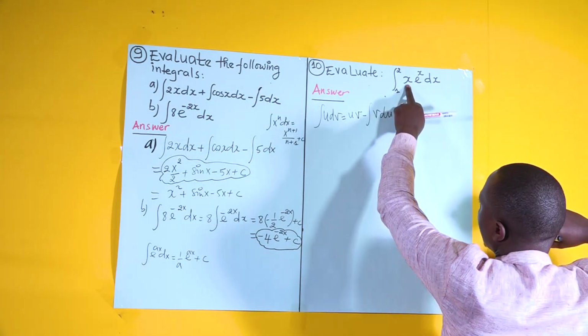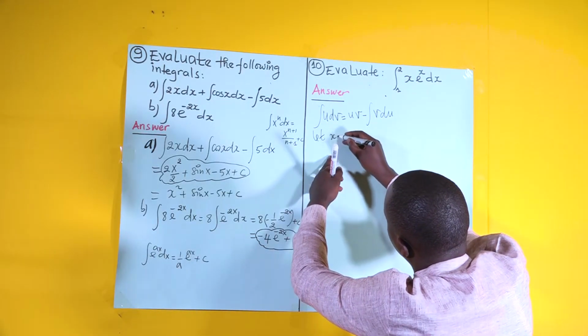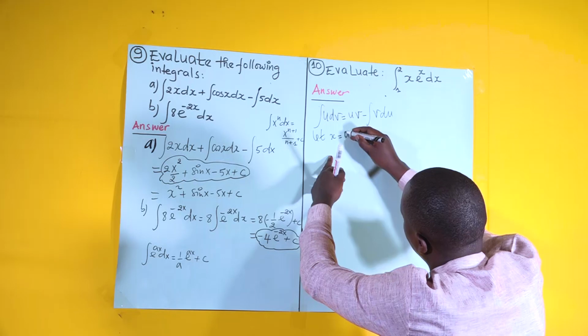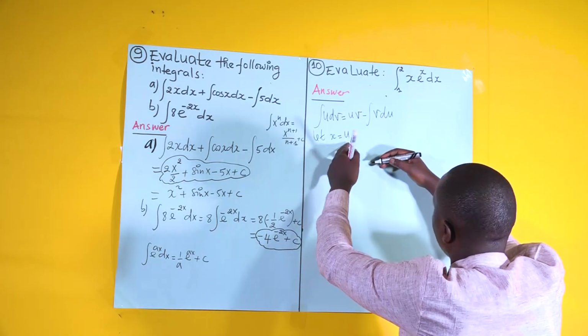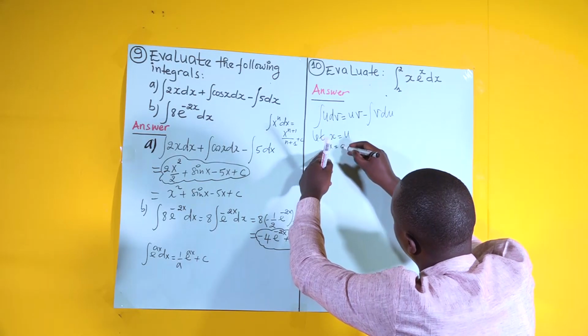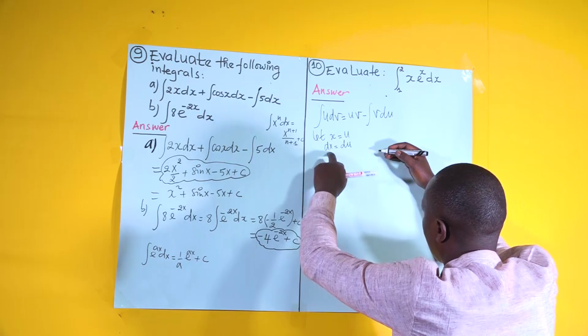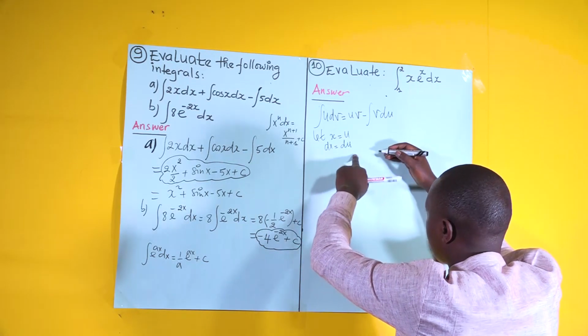The first function here, x, we let be u. The derivative of x, dx, will be equal to du, since the derivative of u gives us 1, taken in terms of x.